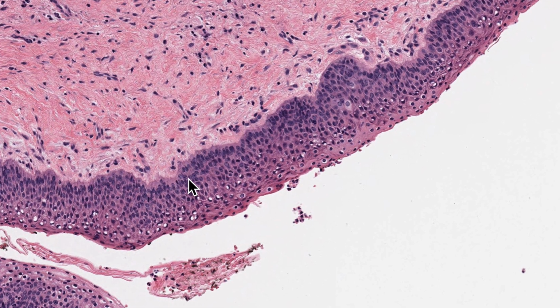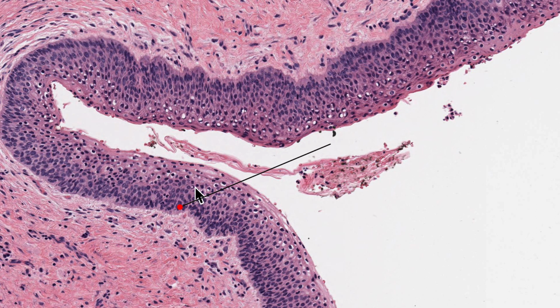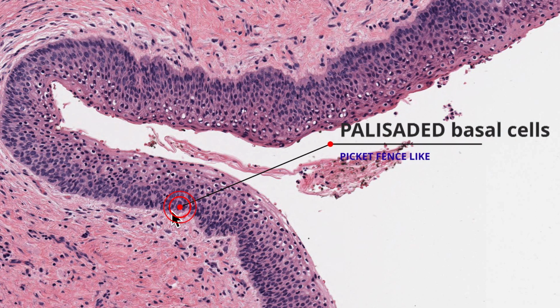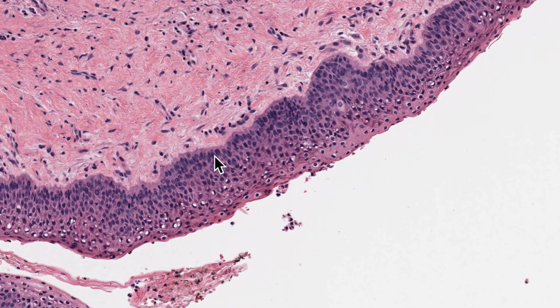And most importantly, if you notice the basal cells, these basal cells are cuboidal to columnar in their morphology, and this lining epithelium typically shows the basal cells being palisaded. When I say palisaded, the cells are neatly arranged one next to the other. Look at their color. They are darkly stained, which we are going to call hyperchromatic.